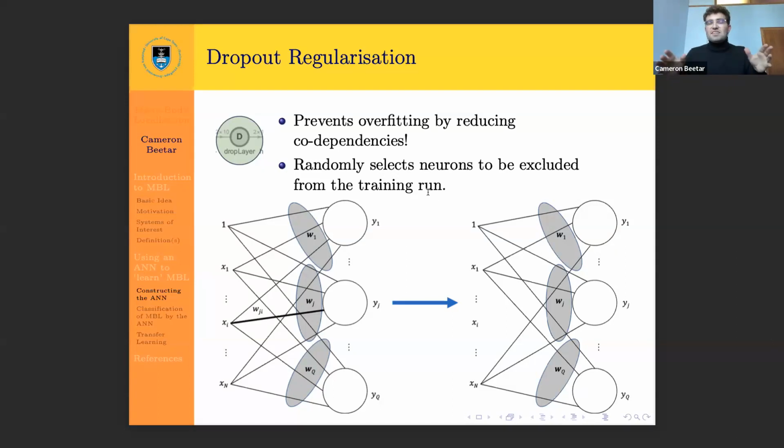It's randomly selecting nodes to be excluded in each run. When we did training, I think we chose it to select around half of the neurons in each run, so it would completely remove the connections to half of them. That was to prevent overfitting and codependencies in the network.